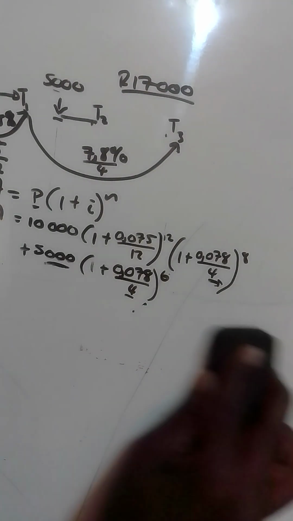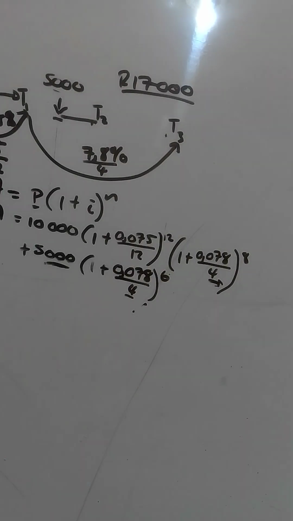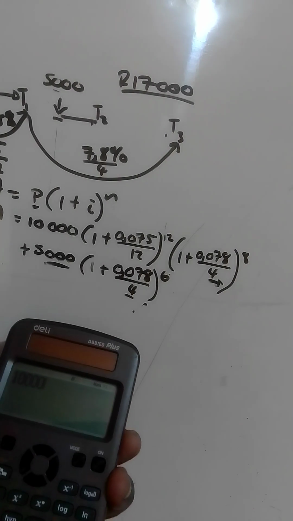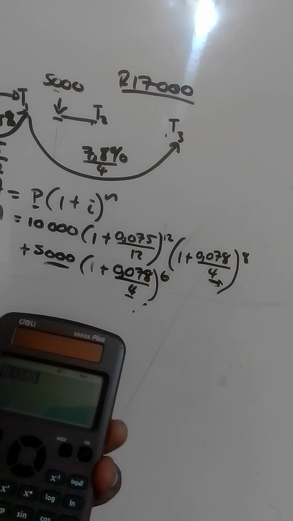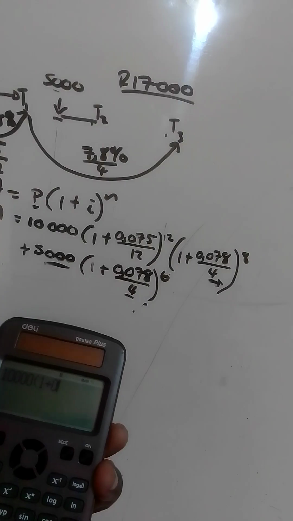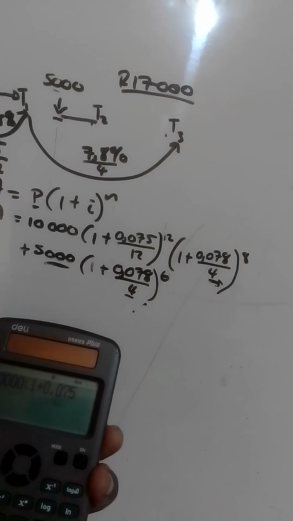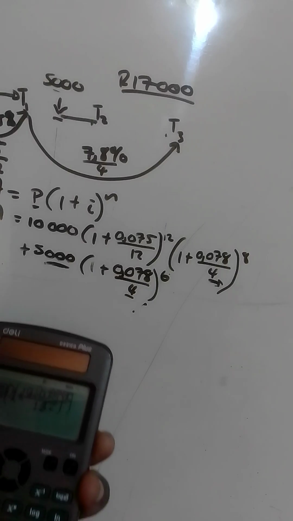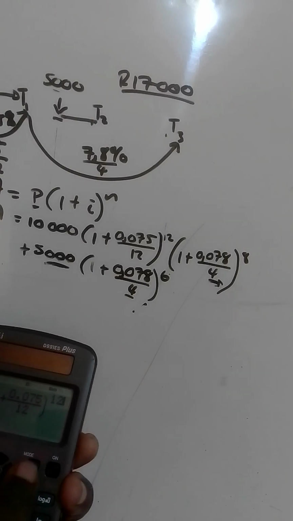Now that we have done that, we go to our calculator. So when we go to our calculator, we say we have 10,000 rands, open bracket, 1 plus 0.075 divided by 12, close bracket to the power 12, right?